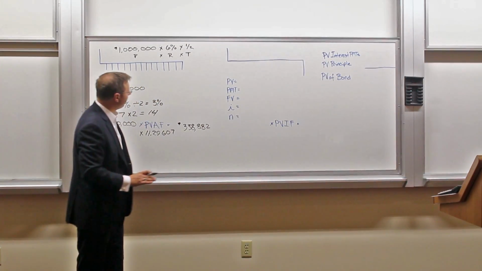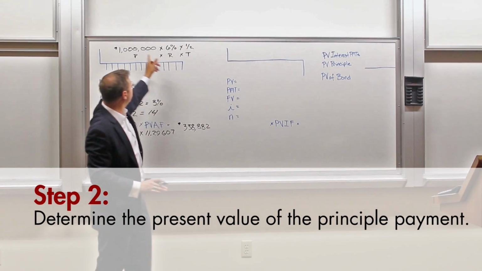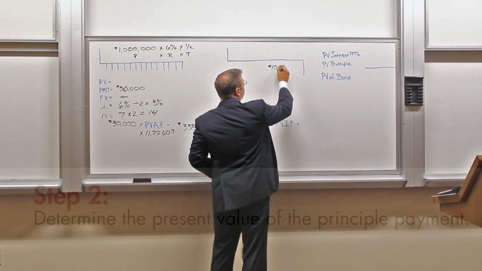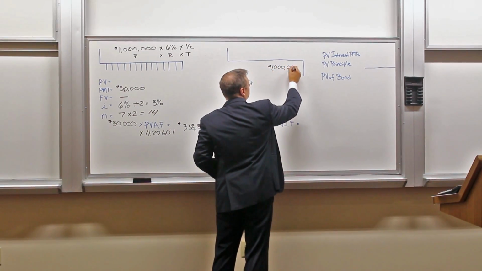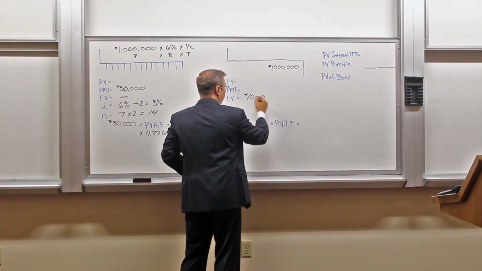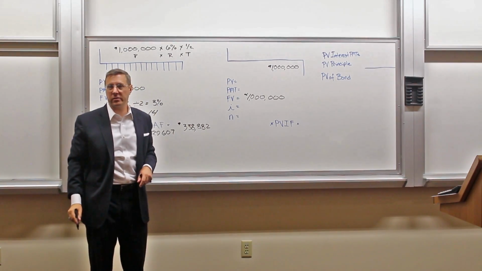The second half of the problem, we need to find out what is the present value of this principal payment. The principal payment we know is going to be $1 million. That is a future value, that $1 million that the company is going to have to repay on these particular bonds.